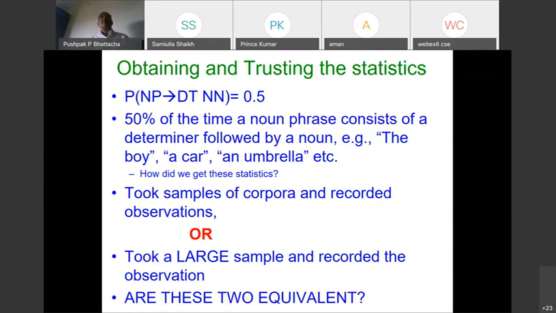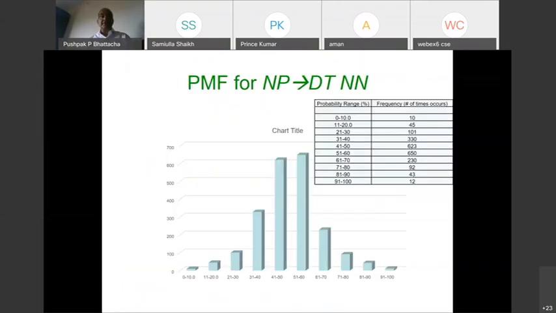So 1,000 samples of 10,000 words each versus 1,000 into 10,000 words single sample. Will both of them lead me to the same conclusion? So now we go ahead and try to answer this question.